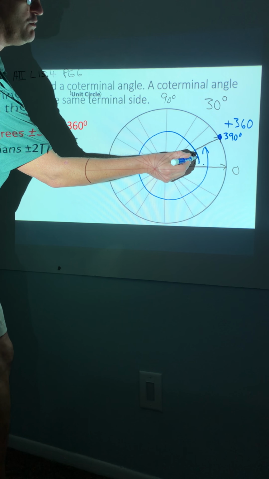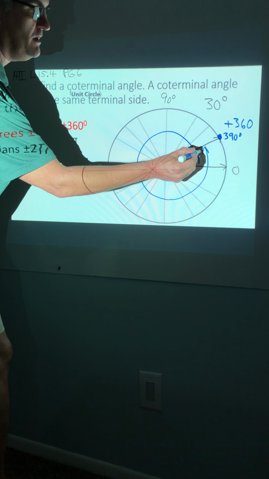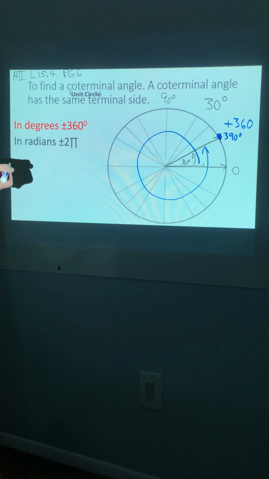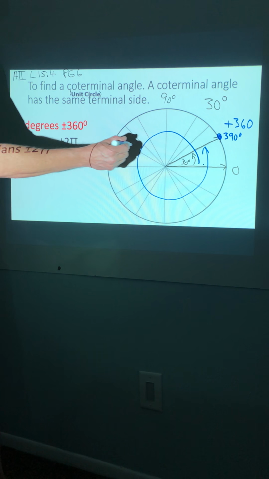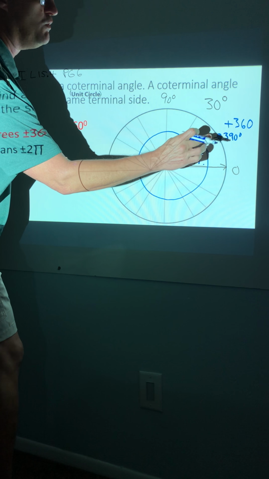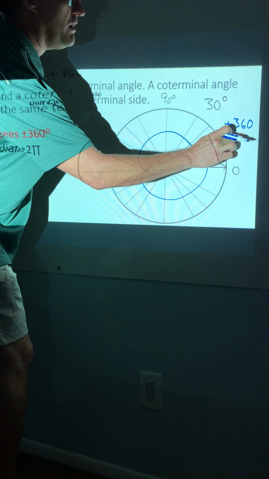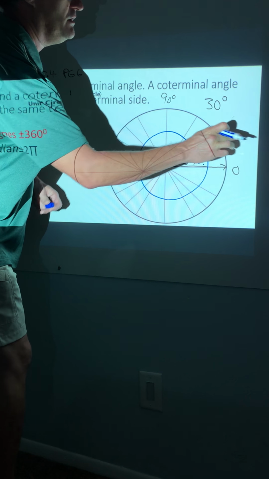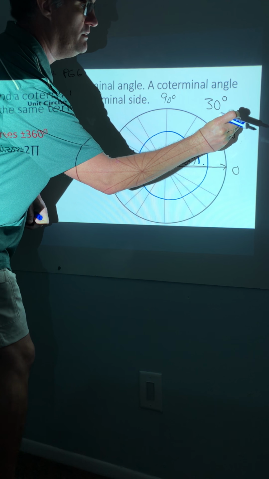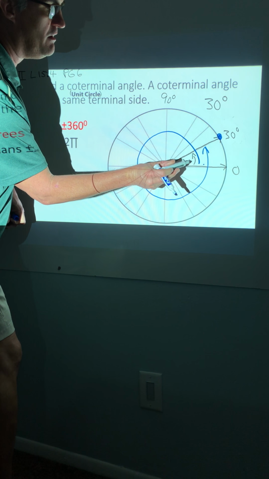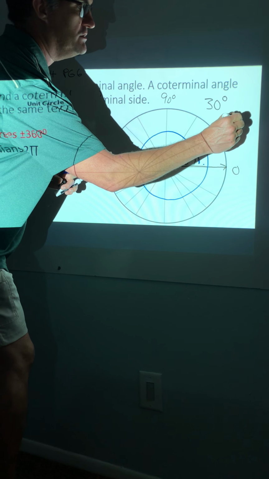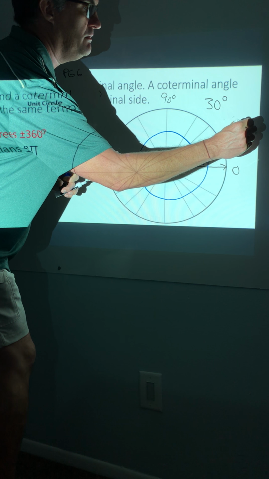If I do a full rotation of 360, I land on that same terminal side, and now 390 is also landing there. But you have to have that one rotation of 360 and then 30 more. So really right here, what I should write, let me get rid of this, it's kind of confusing. I'm saying that this location is 30 when I follow that one spin right there, but if I do a whole 360 and 30 more, this location is 390.